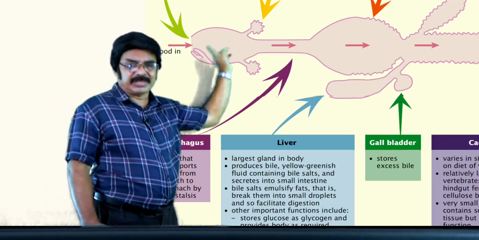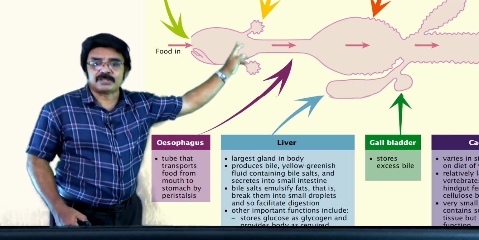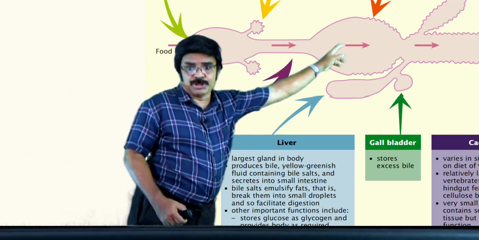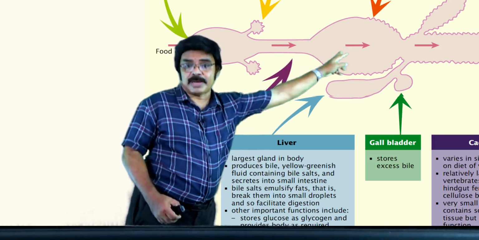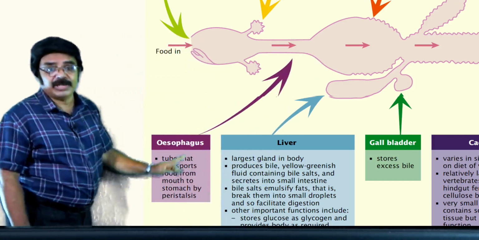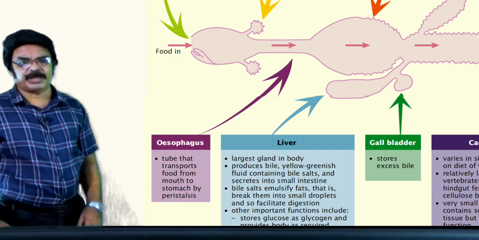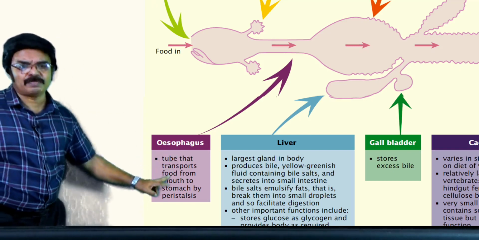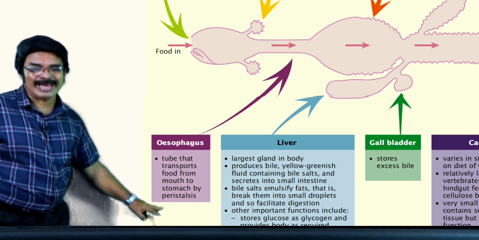From the pharynx to the stomach, the tube goes, that is the esophagus. You know that tube. Generally in a human being, it is 25 centimeters basically. The esophagus is a tube that transports food from the mouth to the stomach by peristalsis.